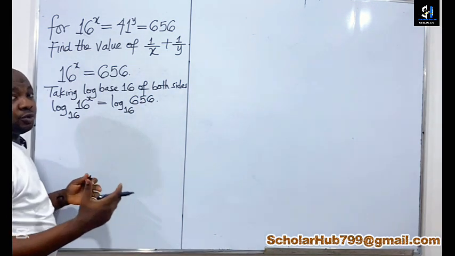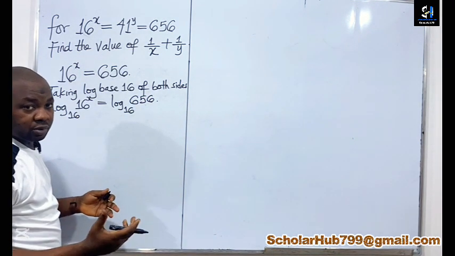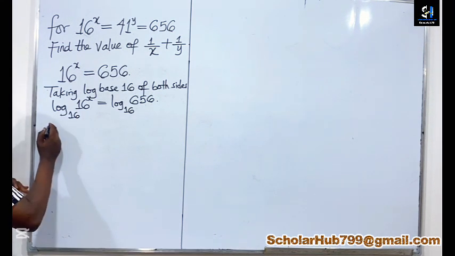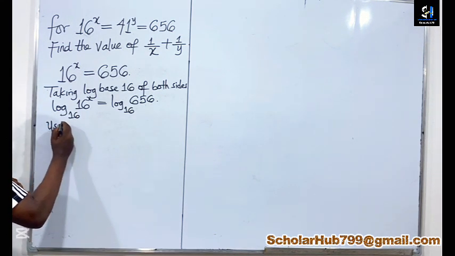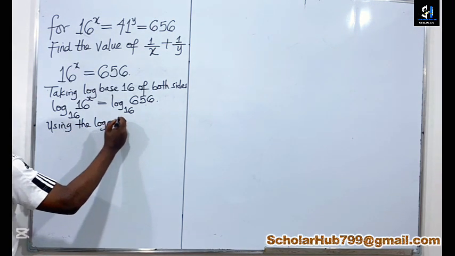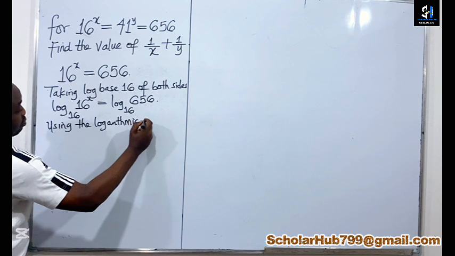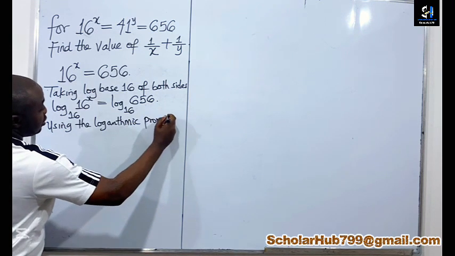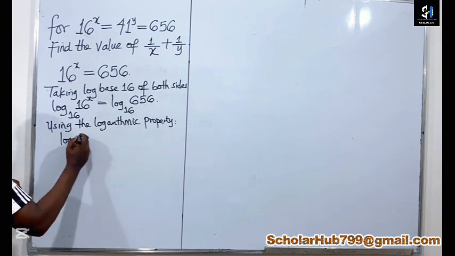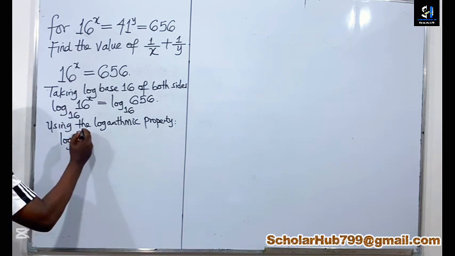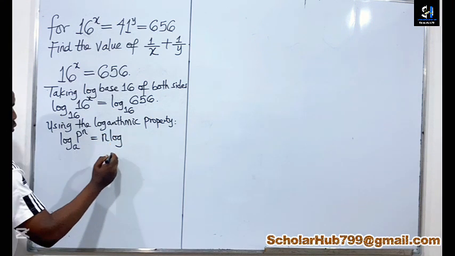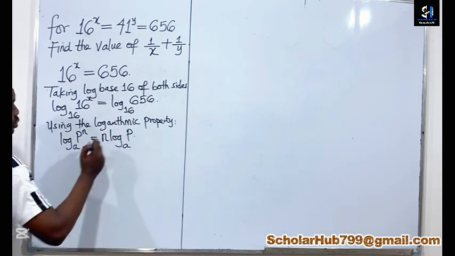Now applying one of the properties of logarithms known as the power rule, log base a of p raised to the n equals n log base a of p.